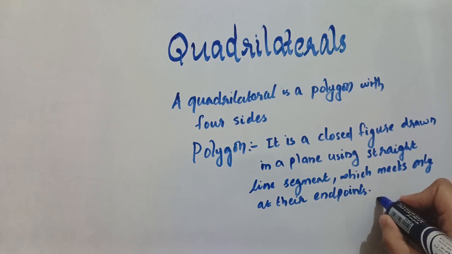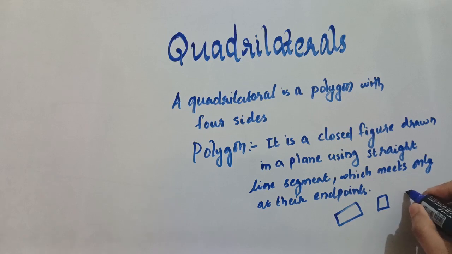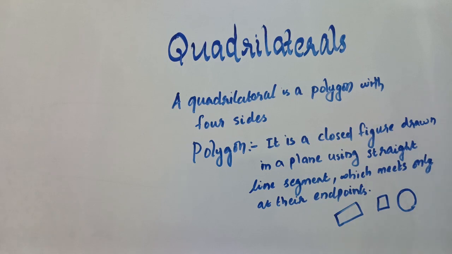That is, we can say this is a polygon. This is also a polygon. But a circle is not a polygon because it is not made of straight line segments.